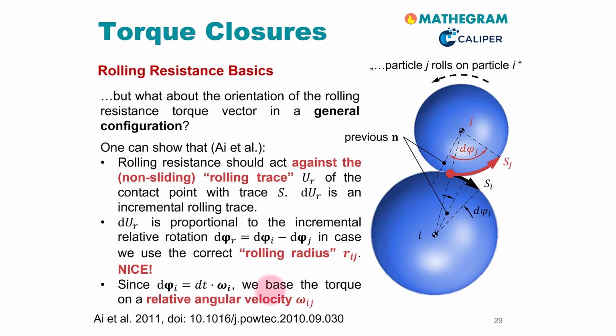So in short, one finds that the rolling resistance must be connected to this relative angular velocity, and this is nothing else as the difference of the angular velocities of the two particles. So this is really good news for us.